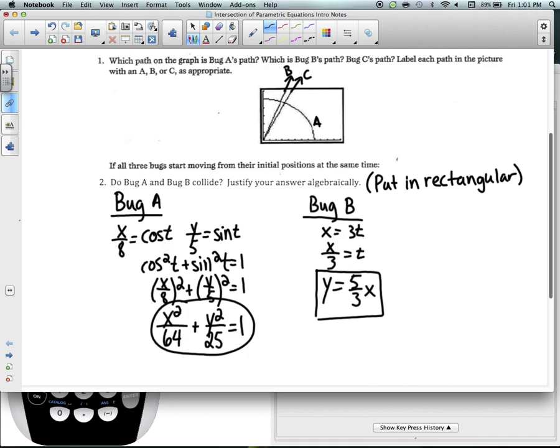Now the goal here is to figure out where these intersect. And then we'll have to go back and figure out if they intersect at the same time. So we're going to plug the 5/3 x into y. This gets a little tricky solving-wise, not terribly, but a little bit tricky.